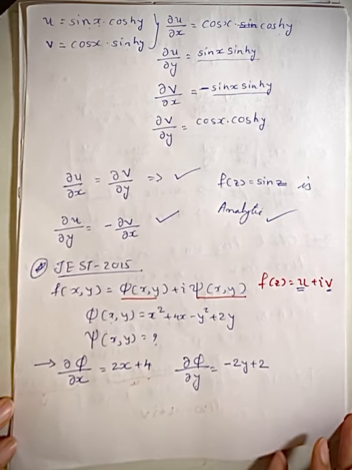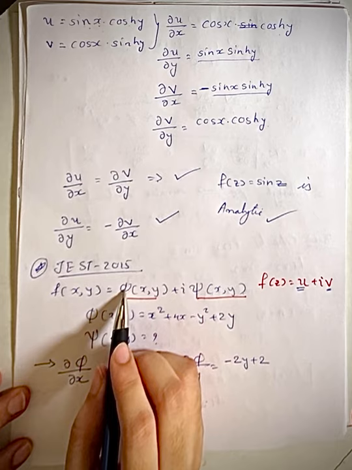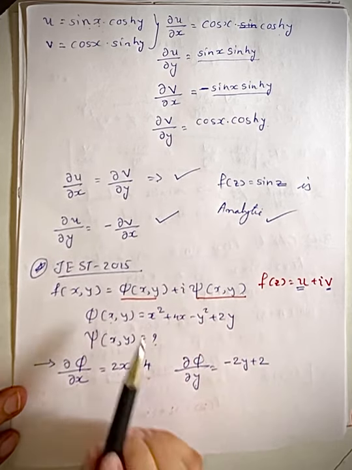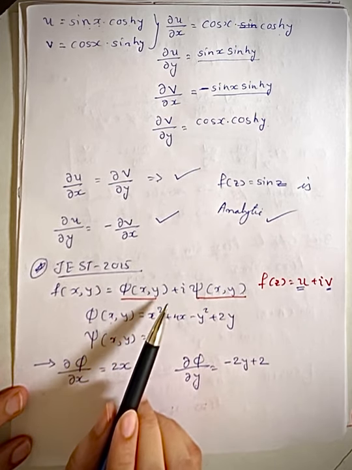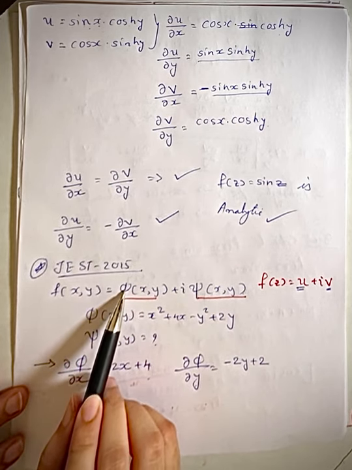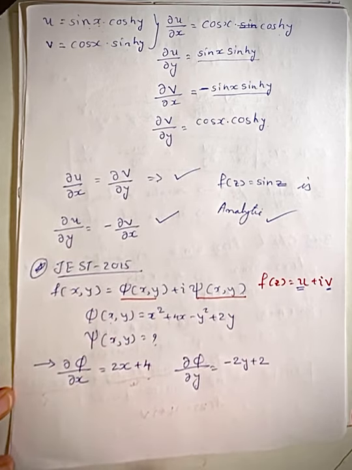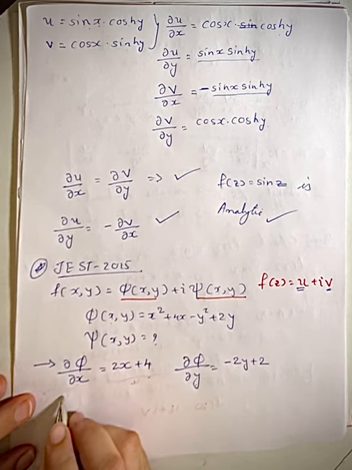Now the CR equation says, you will write the CR equations not in terms of u and v but in terms of phi and psi. So where you have u, we will write phi, and where we have v, we will write psi. Both the relations are still the same.